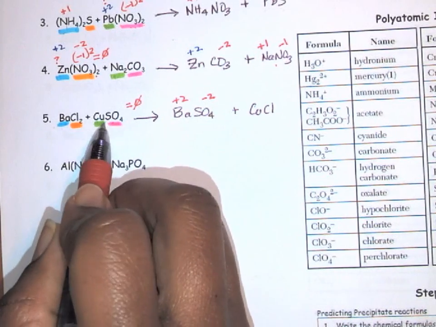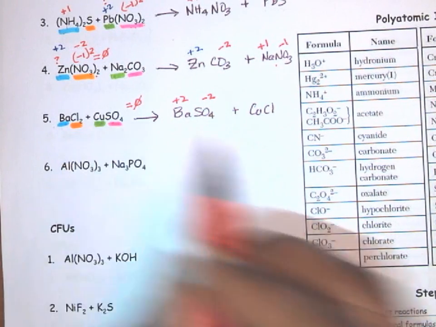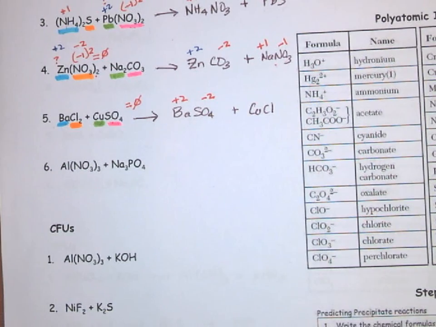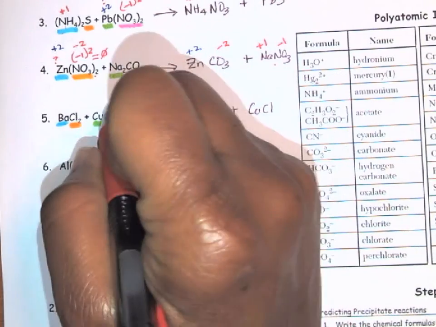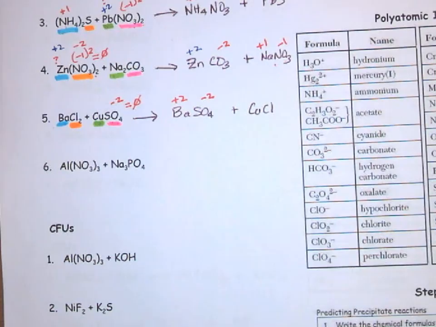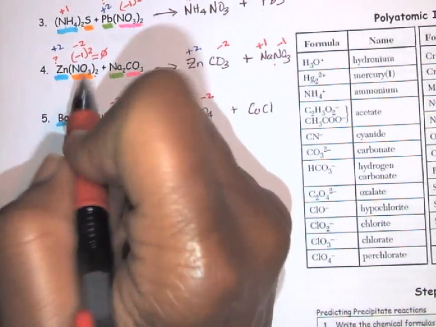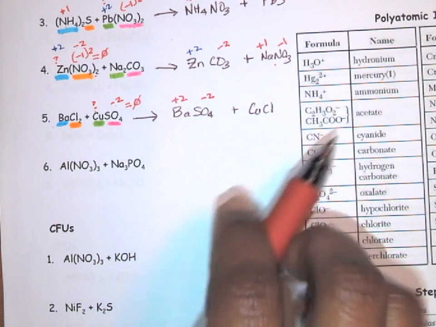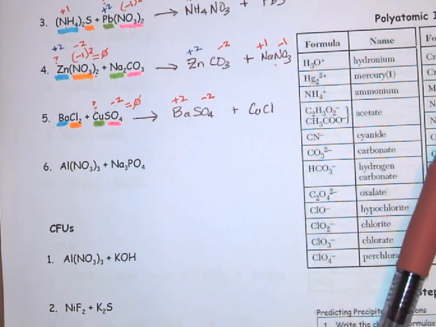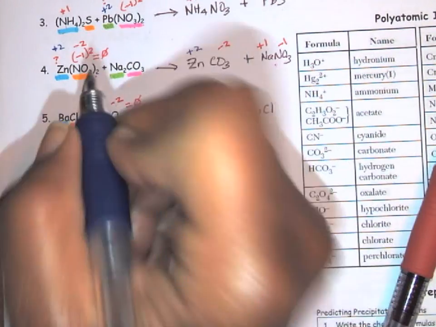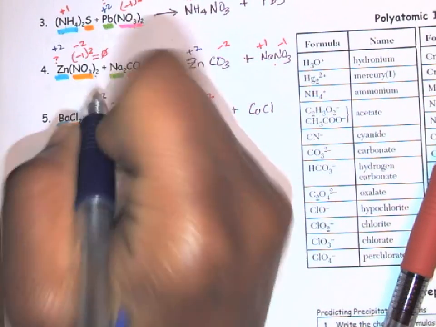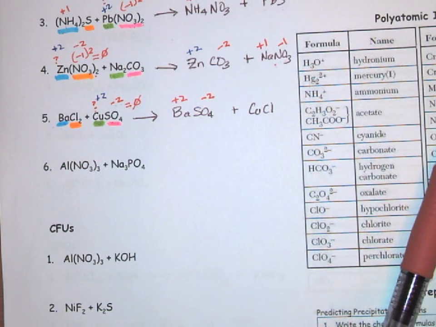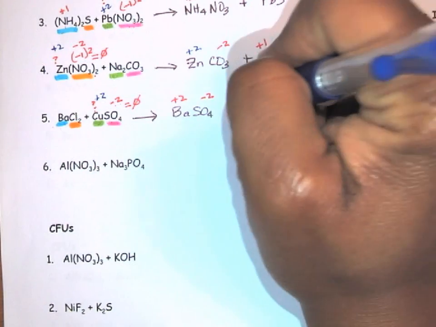So what's the charge of the anion? This is a polyatomic, so I look on the chart. It has a -2 charge. So what plus -2 will give me an overall charge of 0? The answer will be +2. +2 plus -2 gives me 0, so the copper here has a +2 charge.